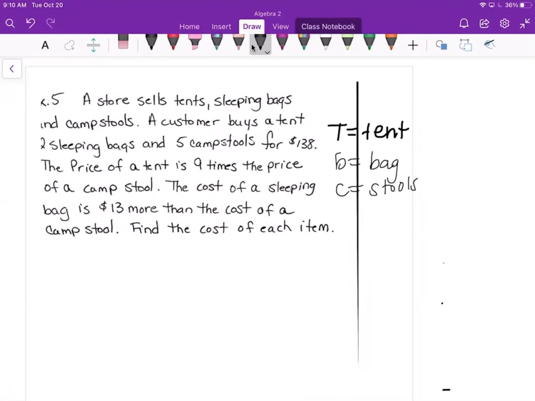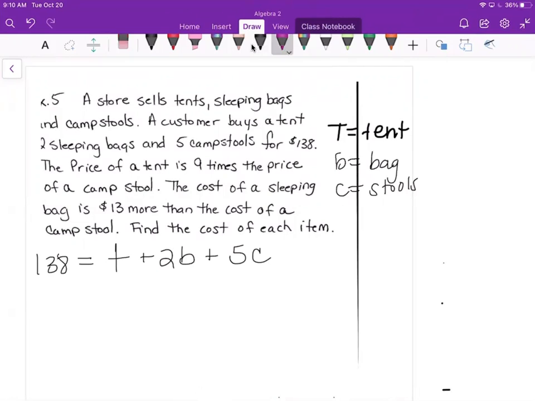All right, so it says a customer buys 1 tent, 2 sleeping bags, and 5 camp stools for $138. That's our first equation.